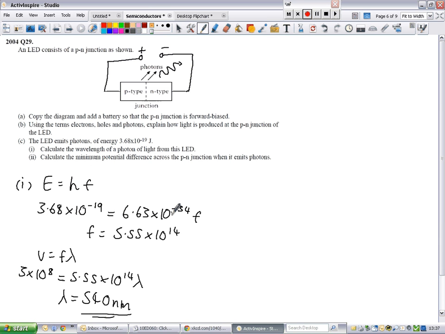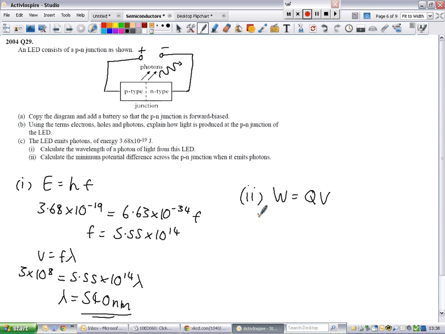Calculate the minimum potential difference across the PN junction when it emits photons. Well, the minimum potential difference is going to be produced from one singular electron, which has a charge of 1.6 times 10 to the negative 19 coulombs. You'll find that again in your data sheet. This is your energy, so it's related in this equation from the electricity unit.